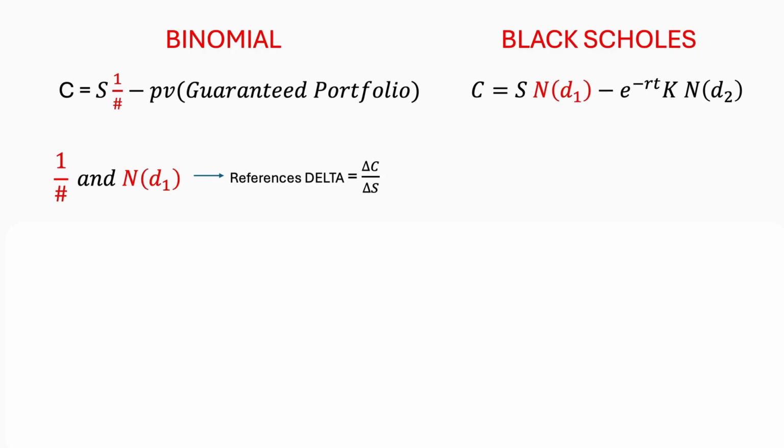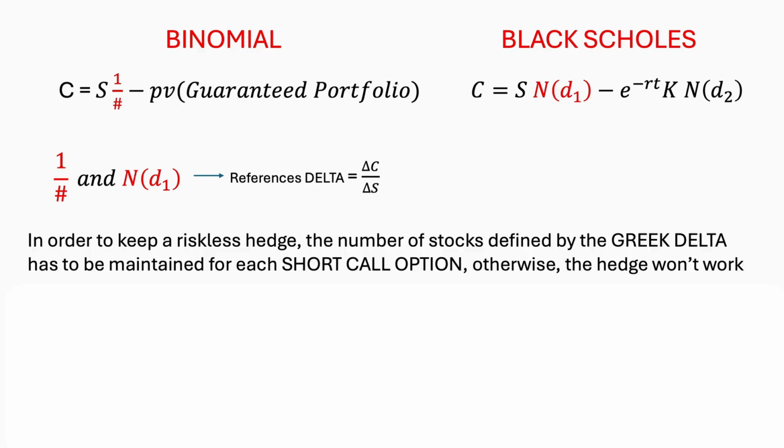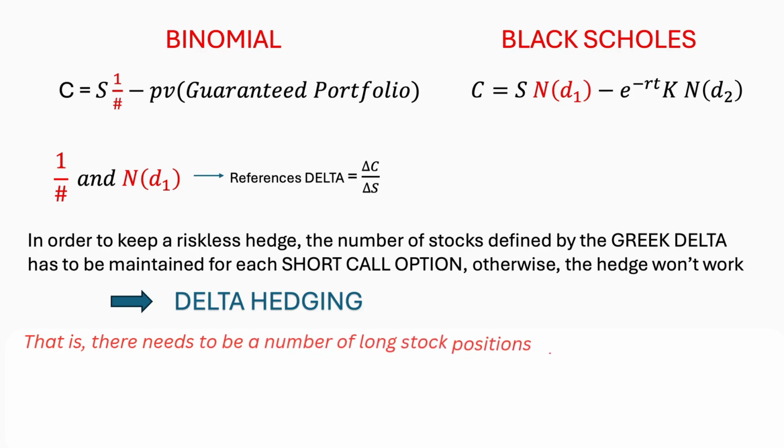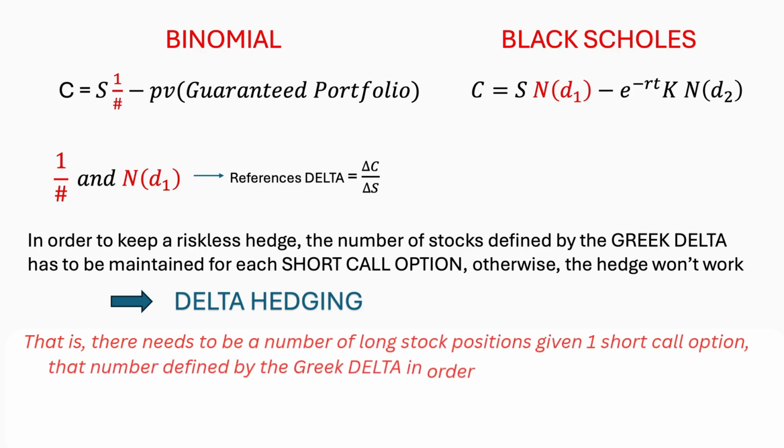Knowing this, for the Black-Scholes model, the parallel idea of the riskless hedge using combinations of stocks and call options given the Greek delta is formally known as Delta Hedging. That is, there needs to be a number of long stock positions given one short call option, and that number is defined by the Greek delta in order to produce a riskless hedge.